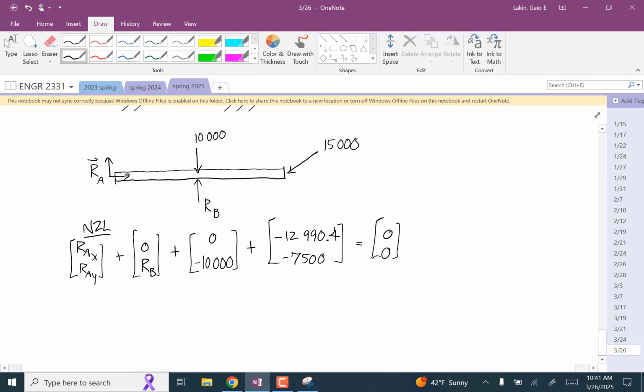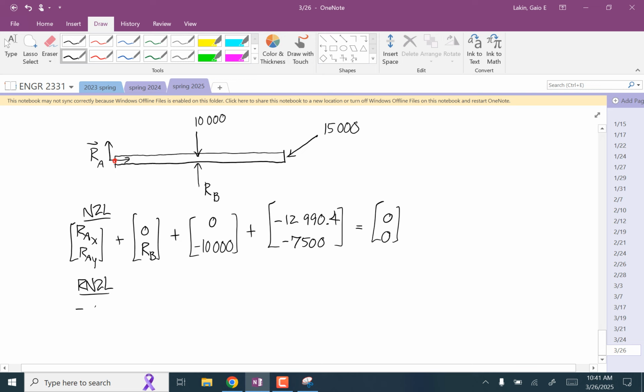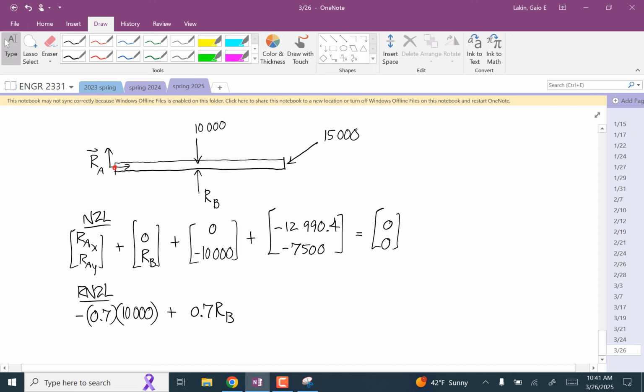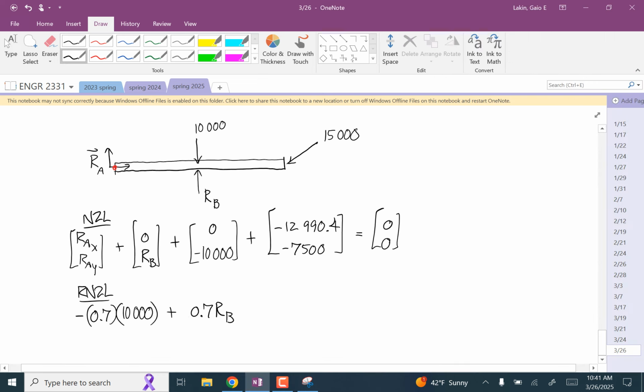And then the moment equation, I'll do it about the left end point. So we have negative 0.7 times 10,000 plus 0.7 RB. And then only the Y component of this 15,000 Newton force produces a moment that is going to be a clockwise rotation.